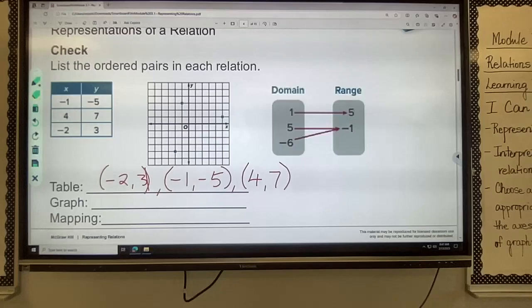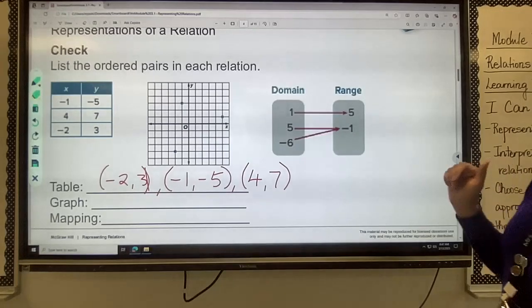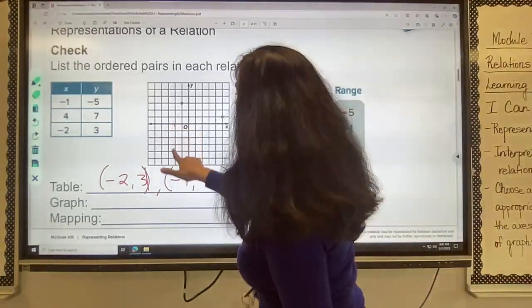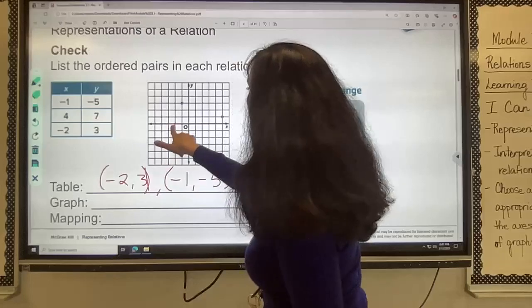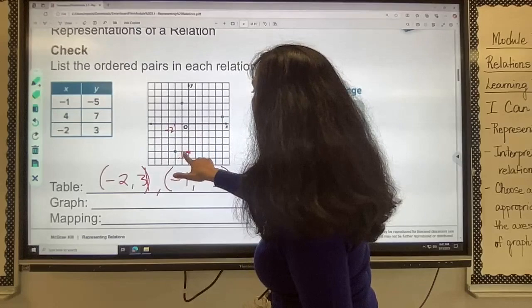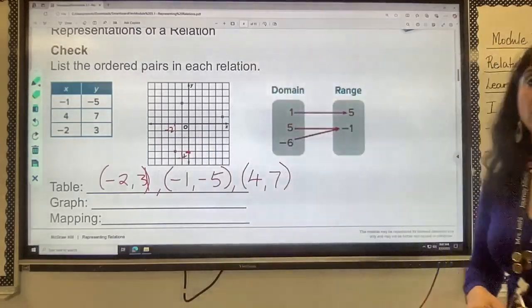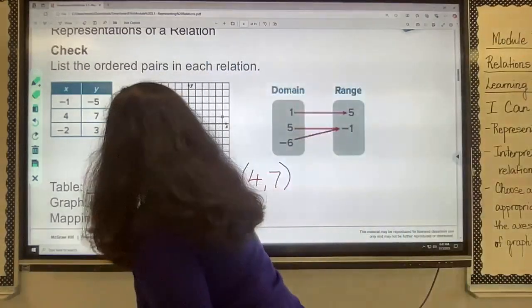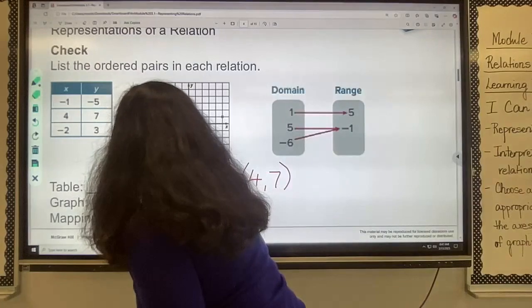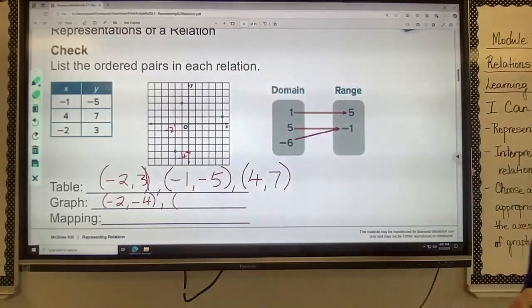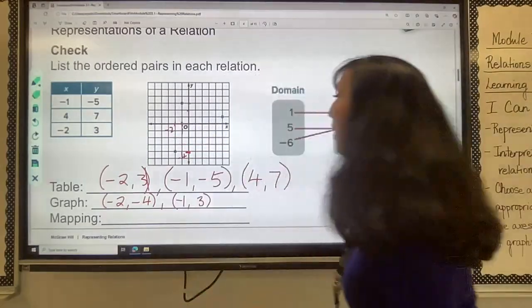Let's look at the graph. Okay, so we can see from here and here. What is this one? This is -2. The 1, 2, 3, 4, that's -4. So for the graph, I have -2, -4. Then I have, what is this one?